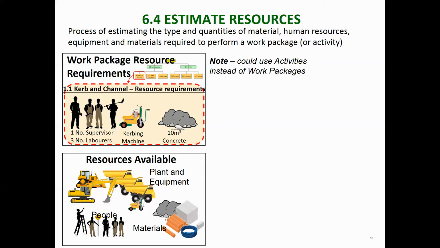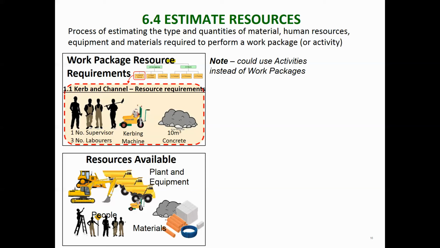So the inputs are the work package resource requirements. So for example, for curb and channel, you'll determine you need 1 supervisor, 3 labourers, a curbing machine, 10 cubic metres of concrete. Okay, and then there's the resources available. What is the plant and equipment, people and materials available within your organisation?